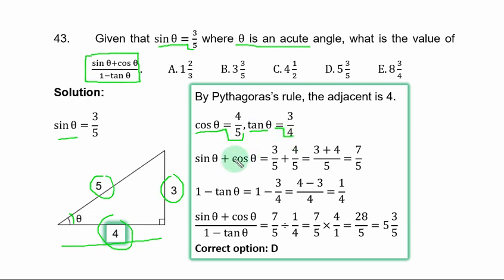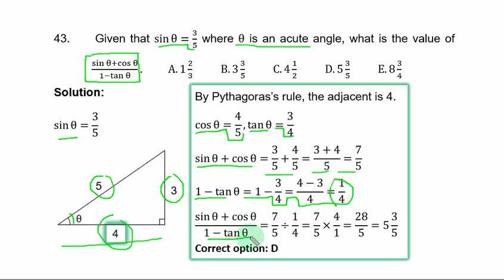Now let's get the numerator. Sin theta plus cos theta. You have this result, and 7 over 5. Let's get the denominator. 1 minus tan theta. That is 1 minus 3 over 4, which simplifies to 1 over 4.